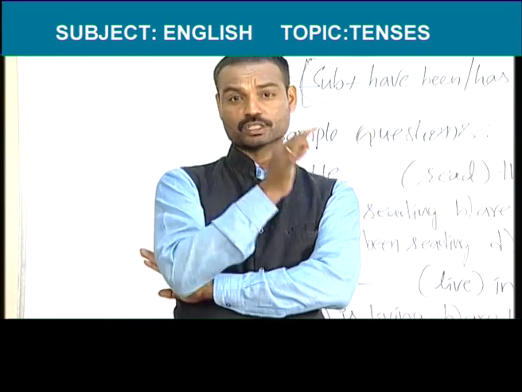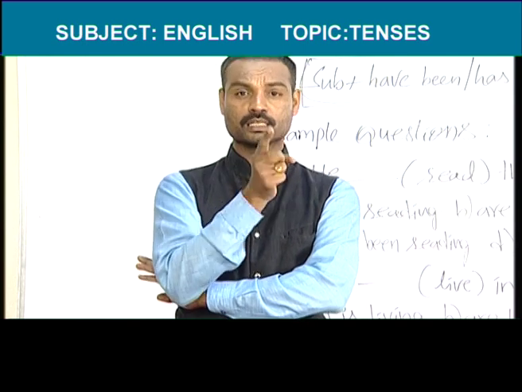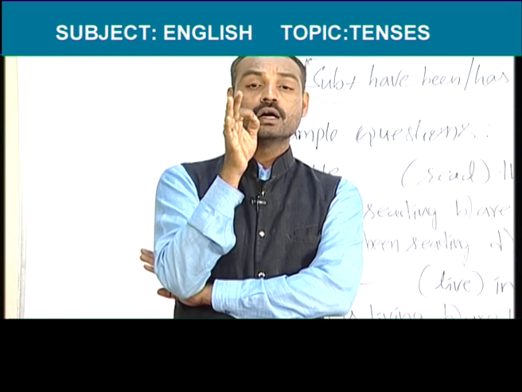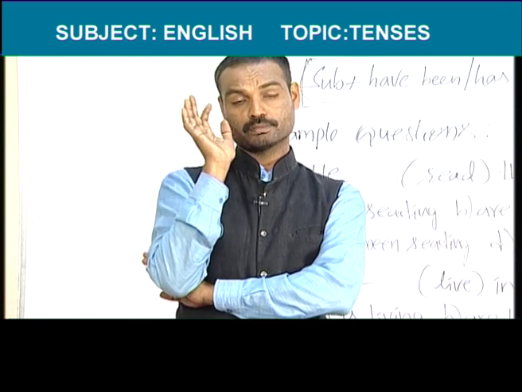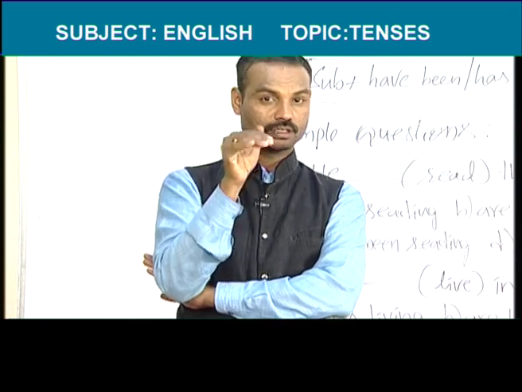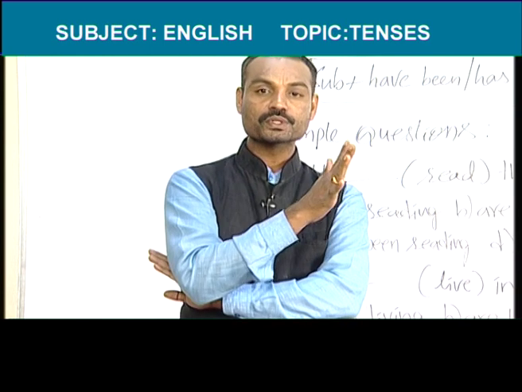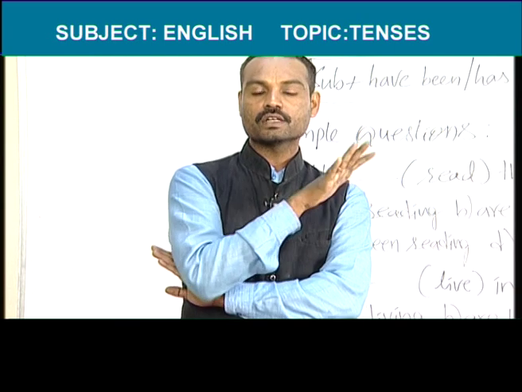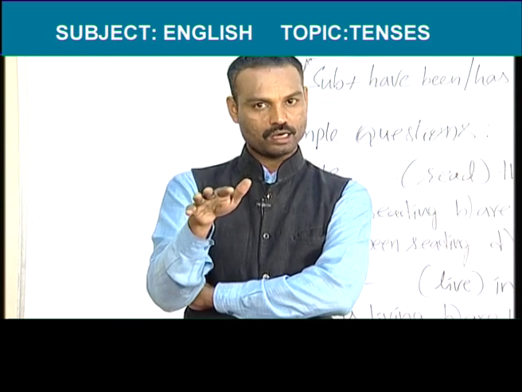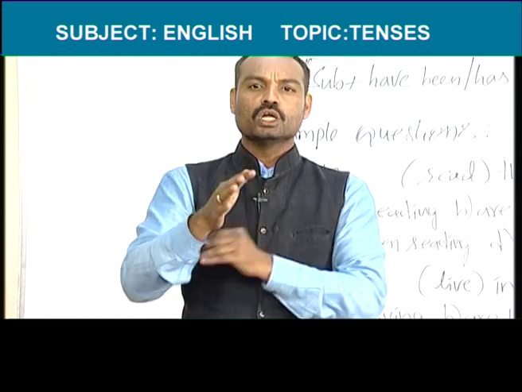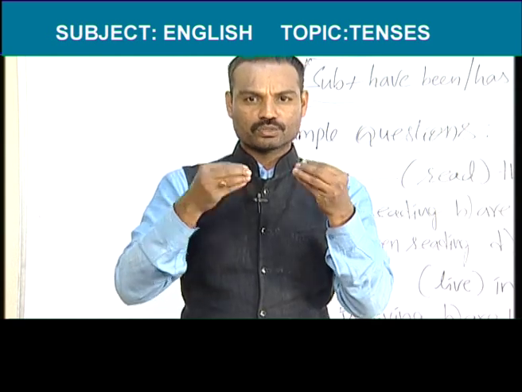Again I am going to repeat the definition of present continuous. This present continuous is used to tell present running works. The full definition of the present continuous is the tense which is used to indicate an action which is going on right now, or in a very simple method, to tell whatever work is going on right now.